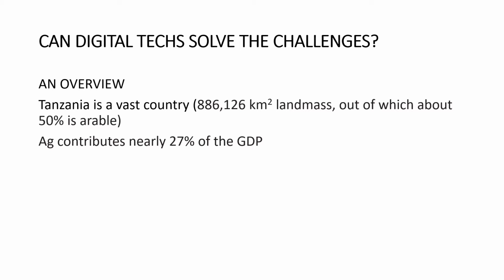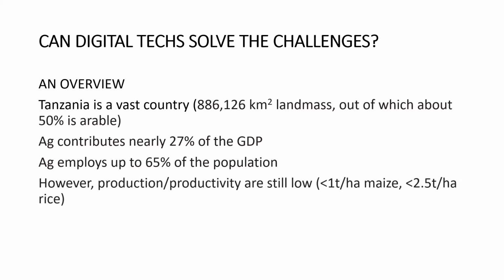That is the first fact. The second fact is that agriculture contributes nearly 27% of the gross domestic product. The third fact is that agriculture employs up to 65% of the entire Tanzanian population.